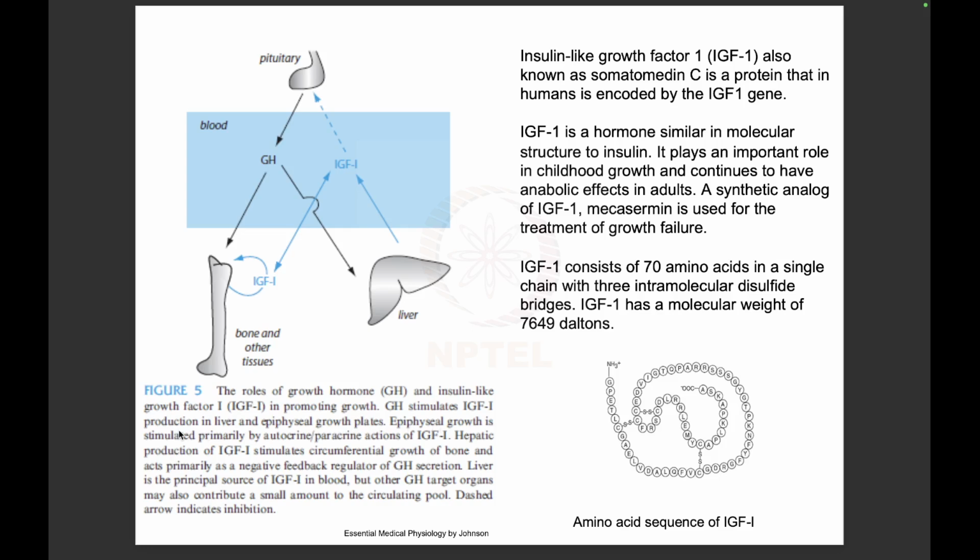Epiphyseal growth is stimulated primarily by autocrine or paracrine action of IGF-1. Autocrine action is when the same cell which produces the hormone also has the target. So IGF-1 shows an autocrine system. Hepatic production of IGF-1 stimulates circumferential growth of the bone and acts primarily as a negative feedback regulator of growth hormone. The liver is the principal source of IGF-1 in blood, but other growth hormone target organs may also contribute a small amount to the circulating pool.